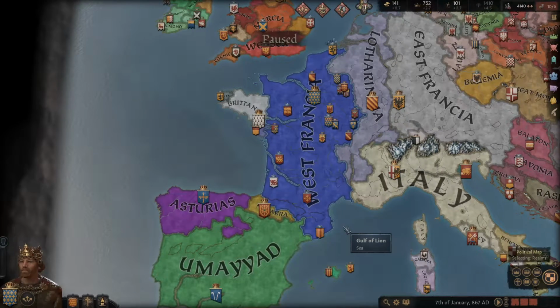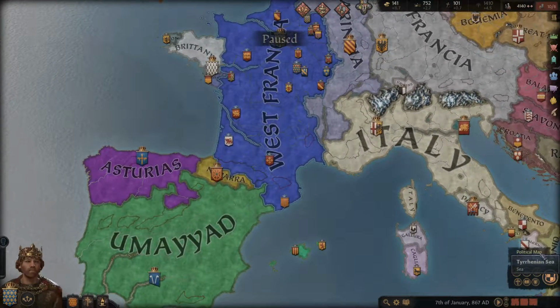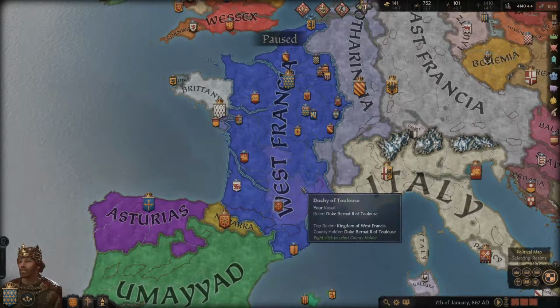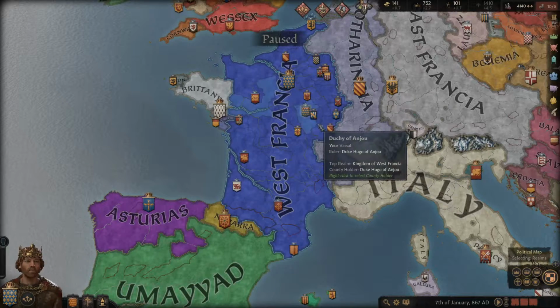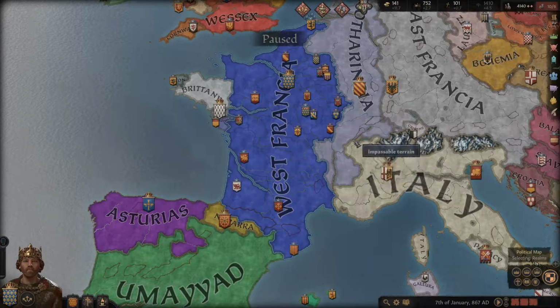Now, I did forget to mention there is a really easy way to see the vassalage link, so you can see who is vassal of who. And it is a really neat trick. So all you need to do is zoom out so you can go into the political map mode. Just zoom out enough till the political map appears up here, as you can see. And then if you want to see who is vassal to who, just click on any of the titles which are created. All of these little shields here are the created titles.